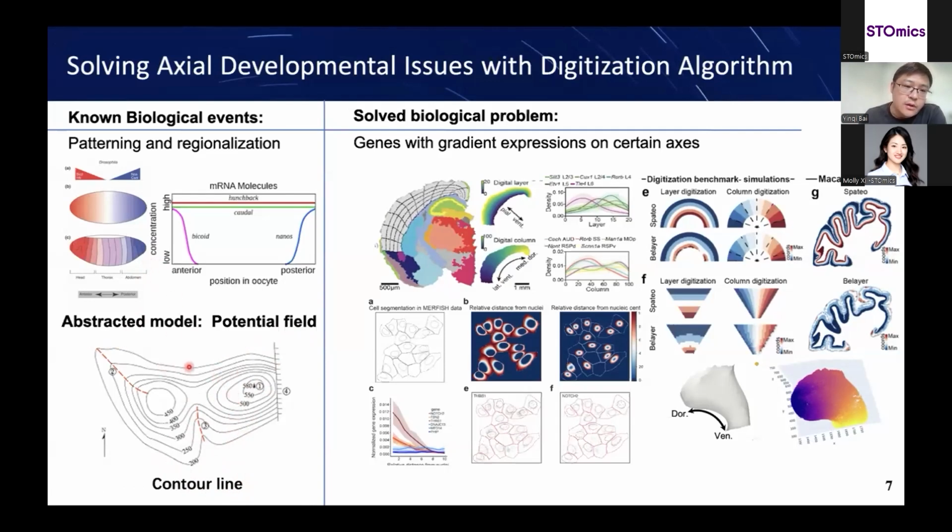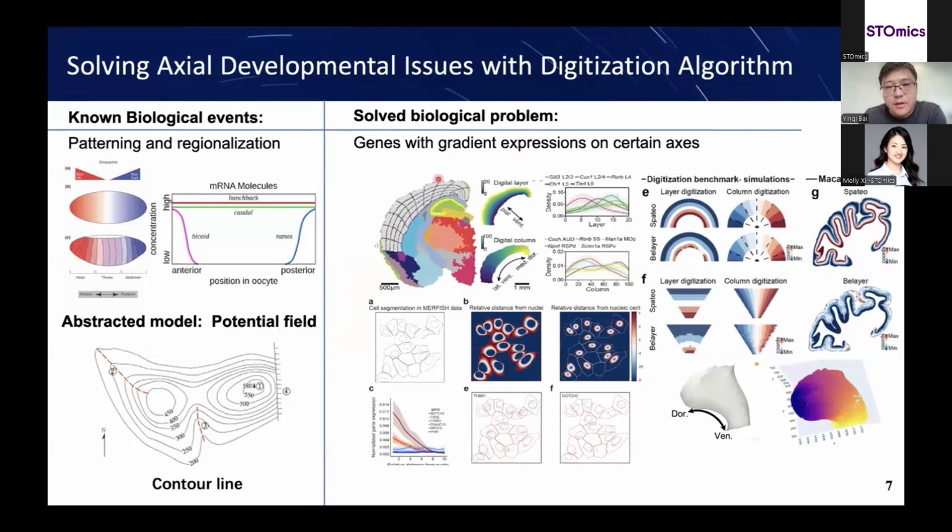So for such a developmental issue, the genes that have gradient expression, or that cross the iso-height perpendicularly, are the genes of our interest. This developmental phenomenon is widespread in different tissues.